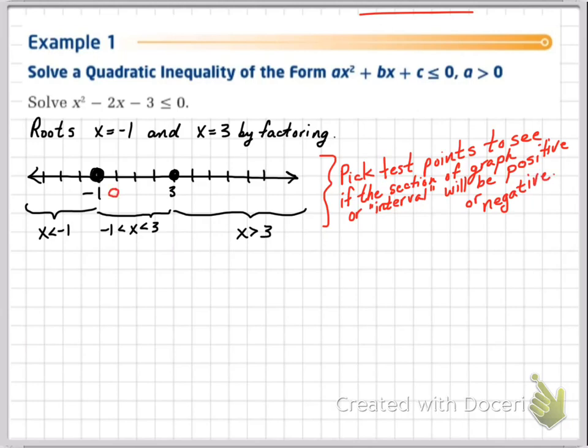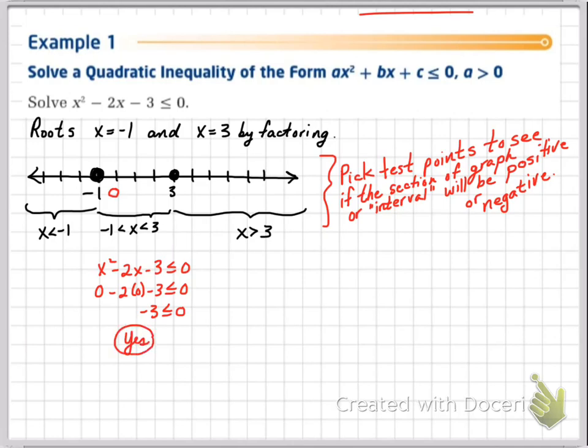Here I pick 0. That's why there's a little red circle and 0 on the number line. If you substitute 0 in there, you get -3 is less than or equal to 0. So yes, that's part of our solution. That section between -1 and 3 is also part of our solution.